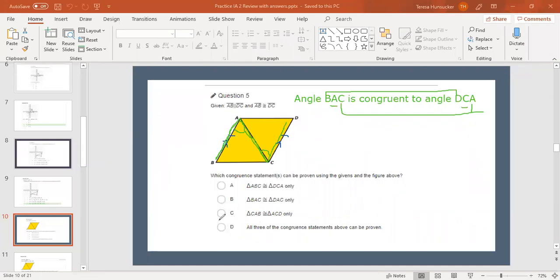So if you look at the statements, angle C would be the correct one. C corresponds to A corresponds to C, and B corresponds to D. Okay. If you look at the others, the vertices don't match.